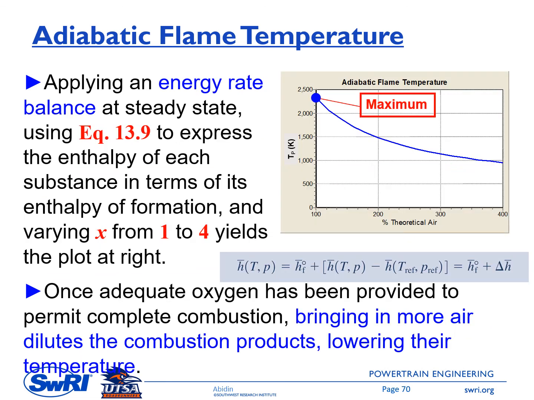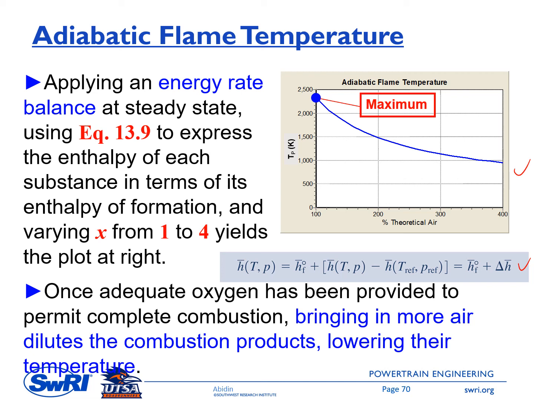Then applying an energy rate balance at steady state, using equation 13.9 to express the enthalpy of each substance in terms of its enthalpy of formation, and then varying x from 1 through 4 yields the plot shown here. And this is the term for the enthalpy equation.